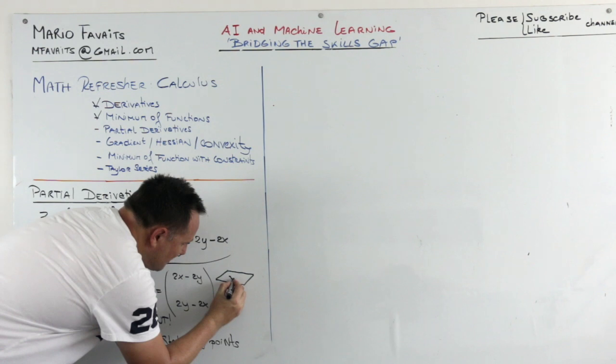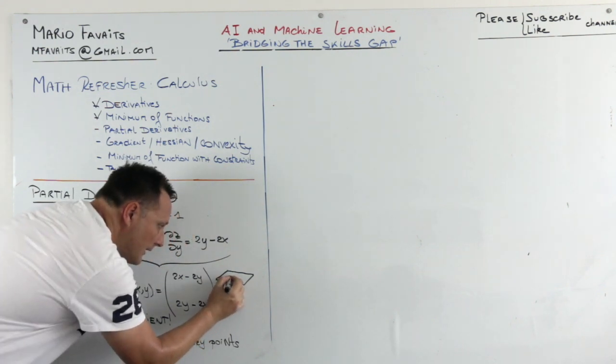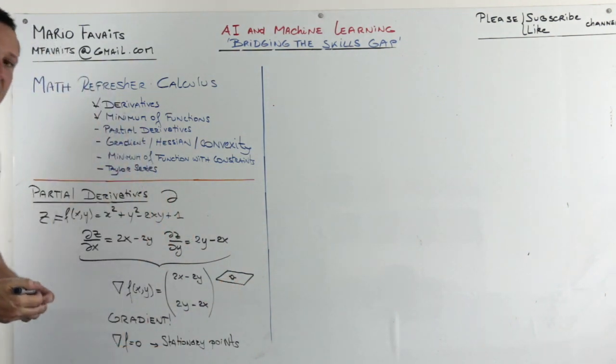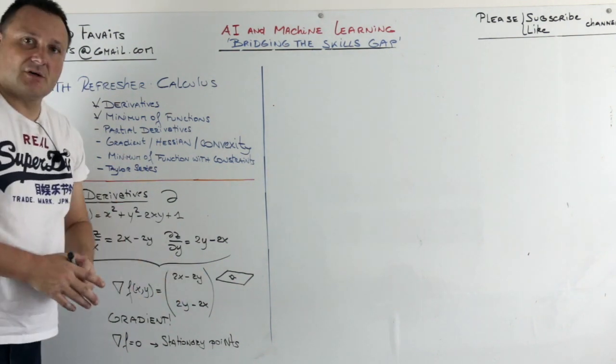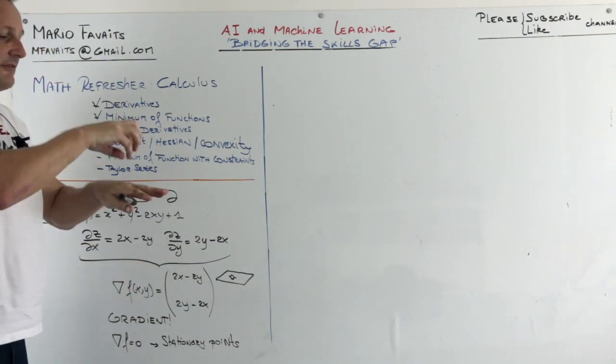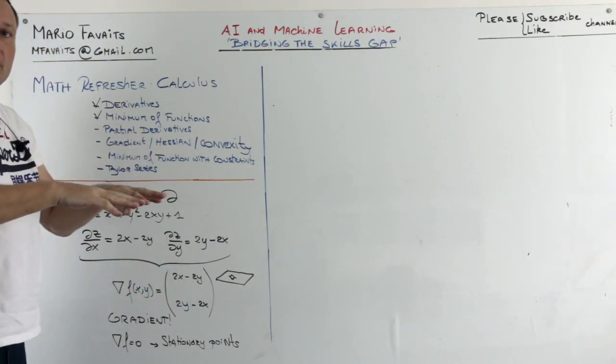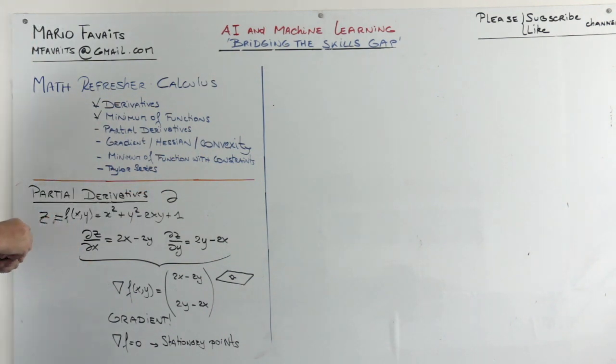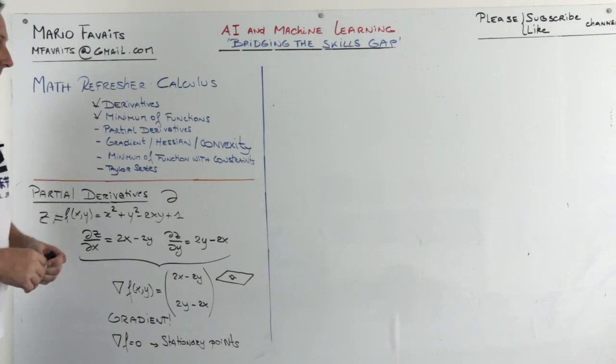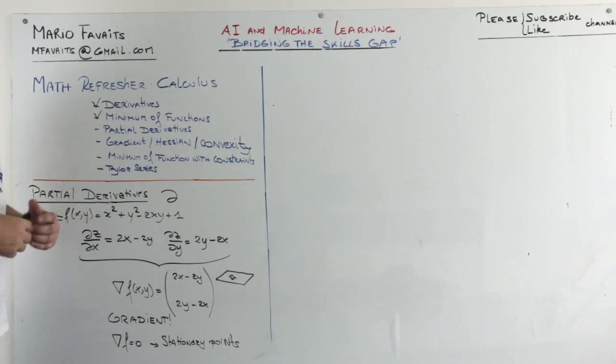And maybe there's a little bump in that plane here, and there is a ball that gets stuck. So that's a stationary point. It's a point where wherever you put the ball, it will not be moving. So that's the gradient. Very important, because gradient descent, again, is the most widely used algorithm in machine learning.